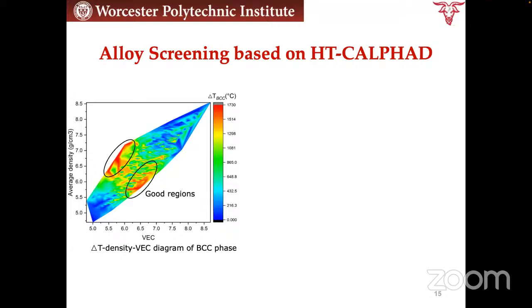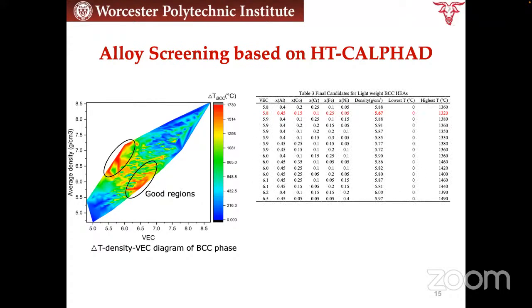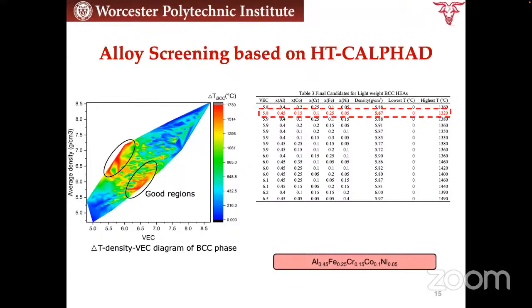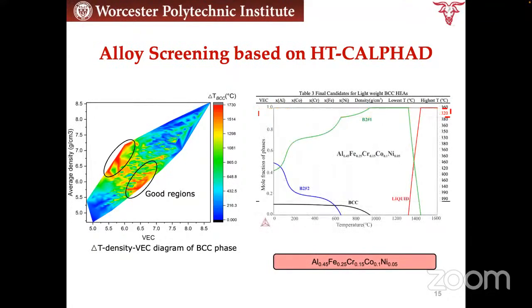So if you try to select some lightweight alloy that can survive high temperature, then you work on these two regions. With that, we can do further screening, and we did the screening, and this is what we have there, and we did the final point calculation.